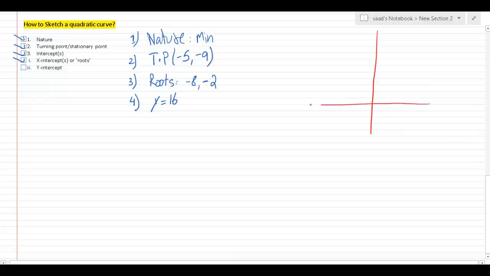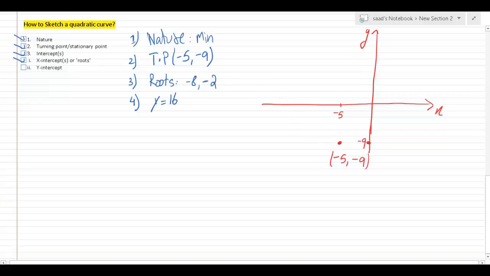So here's the x-axis, x, let's label them, y. Now it's always important to identify the turning point first. So the turning point is (-5, -9). So let's say -5 is somewhere over here, and -9 is somewhere over here. So this is the turning point, (-5, -9).